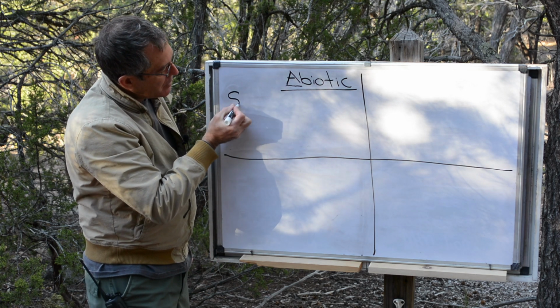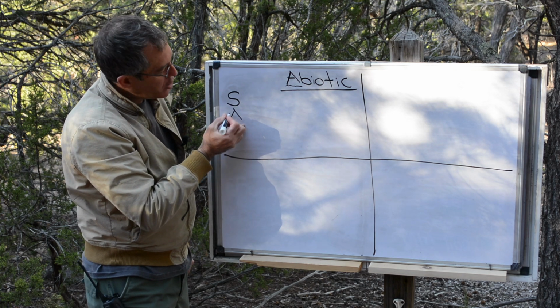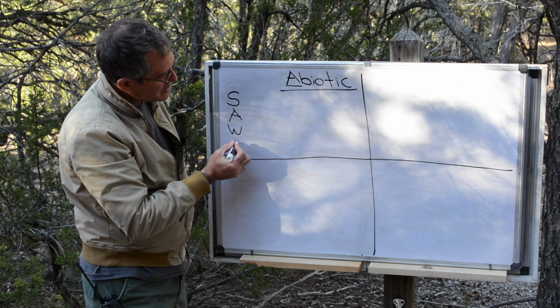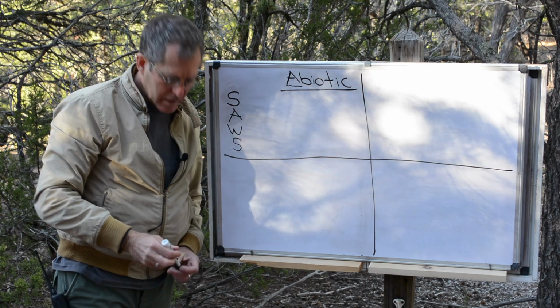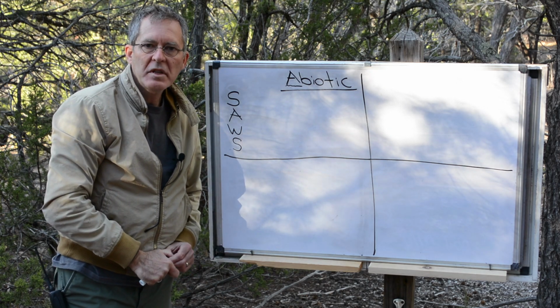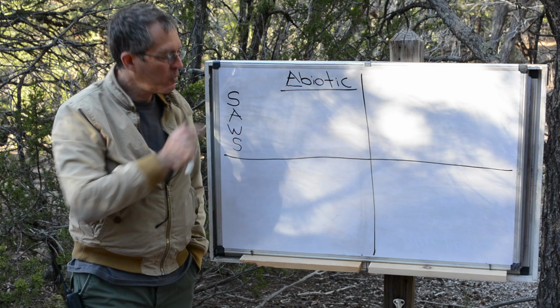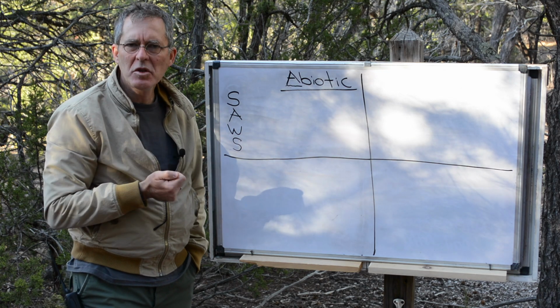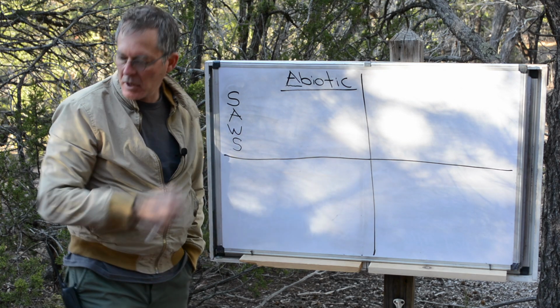Now, I'd like you to spell the word SAWS, S-A-W-S. It's just an acronym, a word made with the first letters of some other words. It helps us remember the abiotic stuff in an ecosystem.